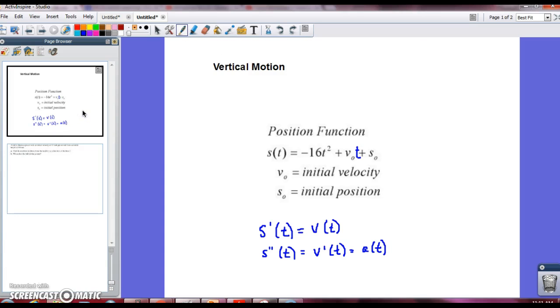But I want to show you how we could potentially get this function if we didn't have it to start with. Obviously, we could just plug in our initial velocity and our initial position and get that. But I want to show you how this works with integration because there's going to be other problems where you're going to have to use that.